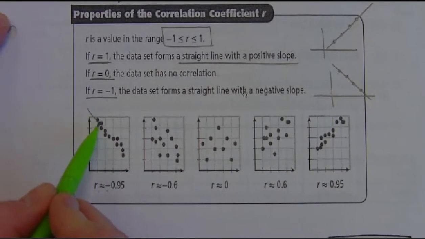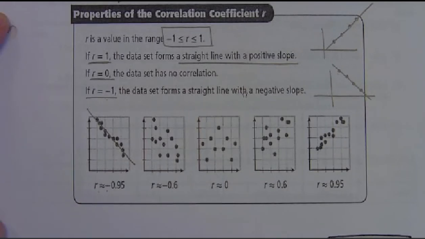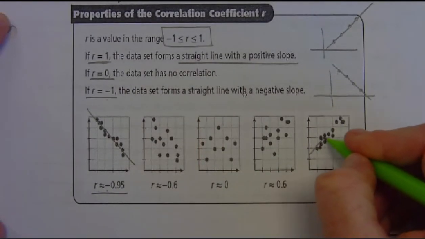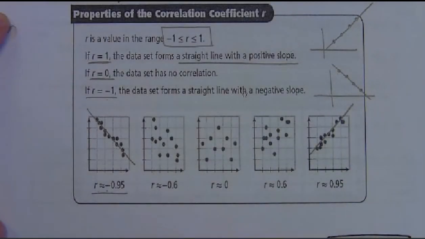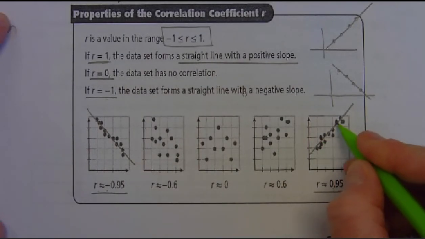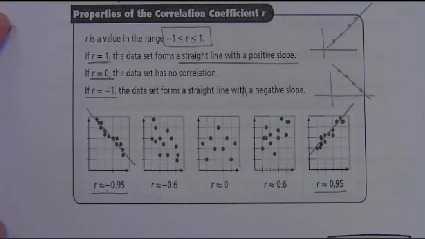Most of the points lie close to or on that line, so the R value is very close to -1. It's the same idea when you're walking uphill, with a positive slope. The R value will be positive and very close to 1 because all of the points almost fall on that line exactly.